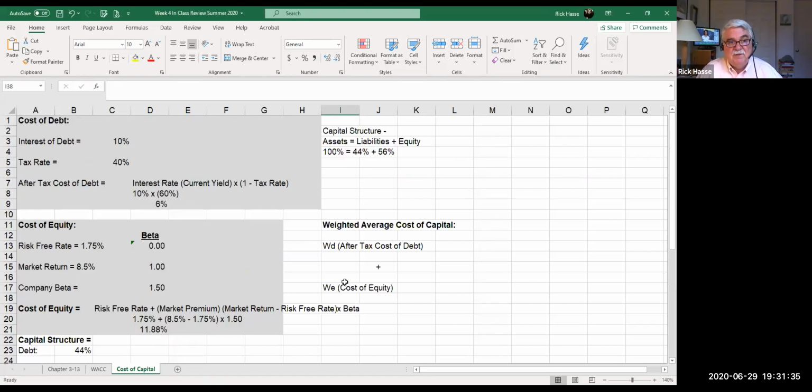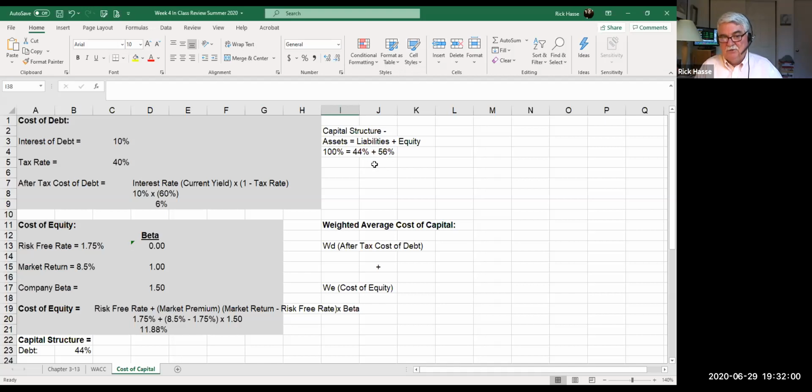So here we have a company that has a capital structure of the following, and it's given to you: 44% debt, 56% equity. So that totals 100%. If you ever have a capital structure that does not total 100%, something's wrong, okay? So the value position of this company says we have 44% in debt, 56% in equity.